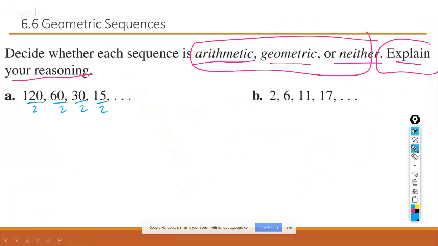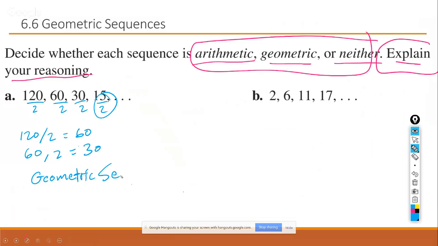And if I'm not sure, I can just check that in my calculator. If I get to 60, and 60 divided by 2 gets 30, that means we're all dividing by 2. So since this is dividing by 2, this is a geometric sequence. So that's the answer to the first part.